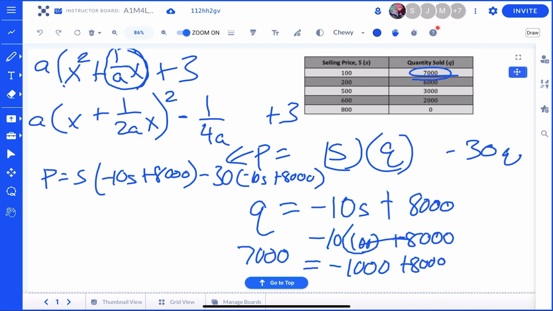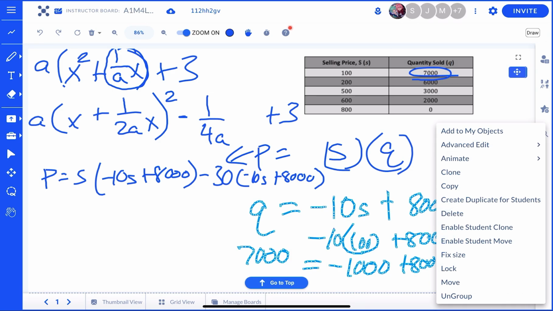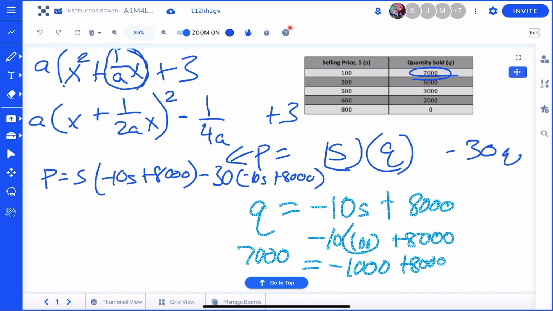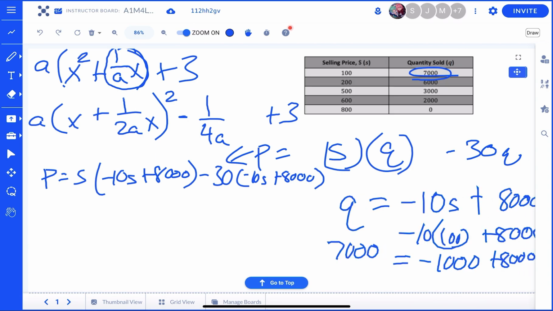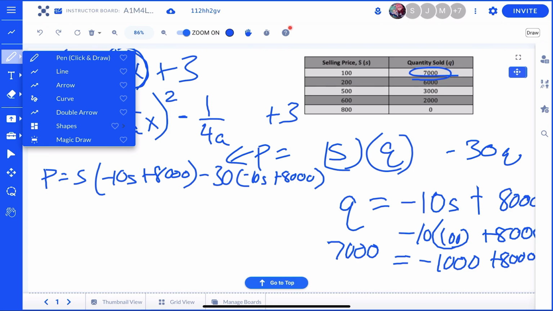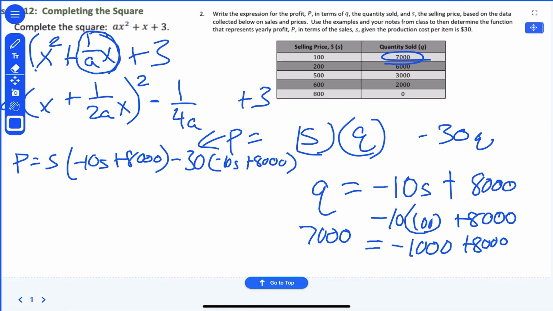Nope. I can't do it like that. Let me try this again. So move it over there like that. So now we can work it out. Okay. Let's get back to the rat killing. To the rat killing. Oh, I never heard that.